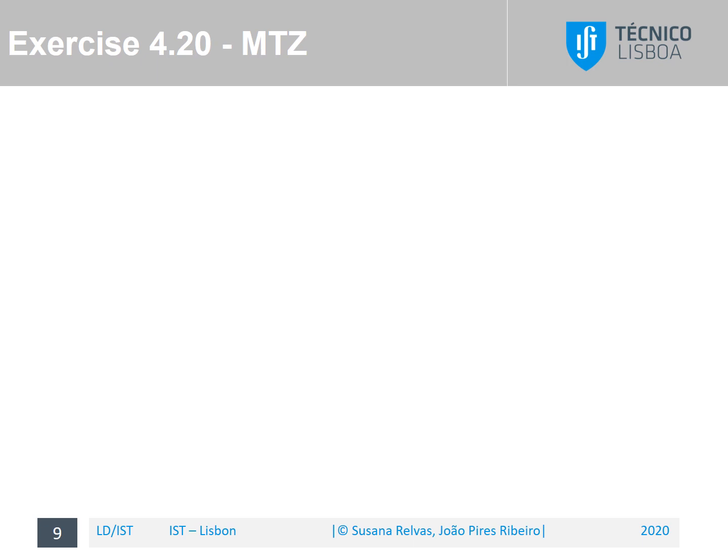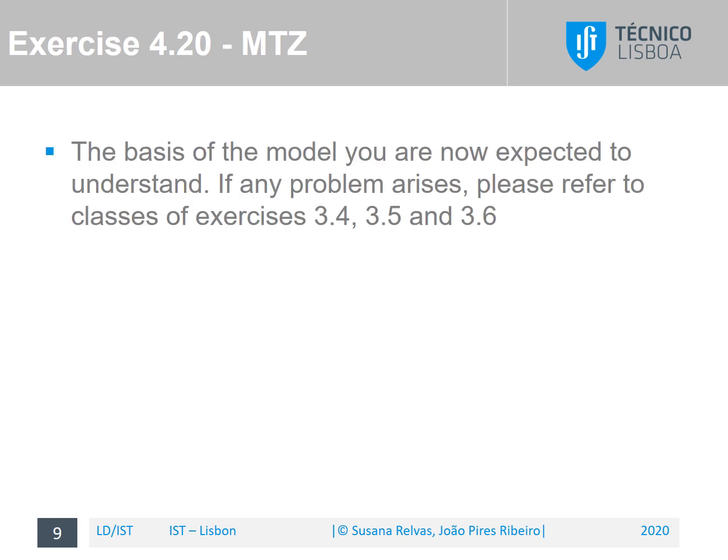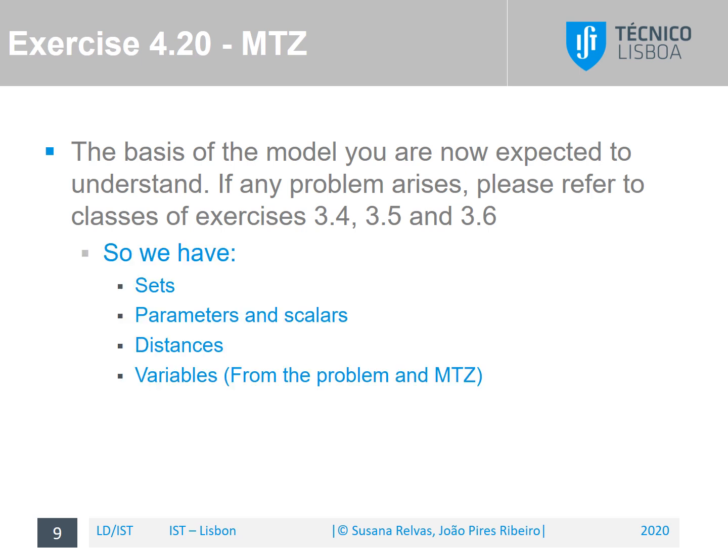We have 4.20. 4.20 will just present MTZ and hope that you find it interesting enough to do the Dantzig on your own. The basis of the model you are expected to understand, because it's pretty similar to what we have been doing in 3.4, 3.5, and 3.6.